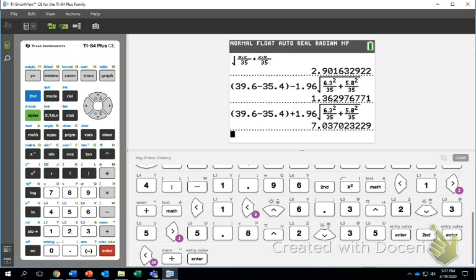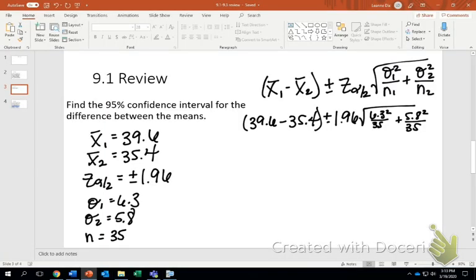All right, so I'm going to write that down on my other screen. My confidence interval should be between 1.36 and 7.04.